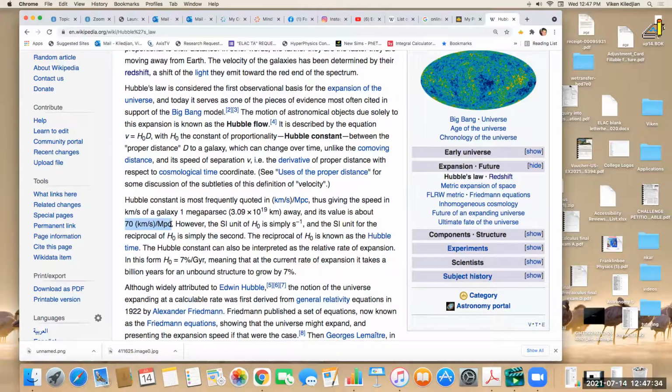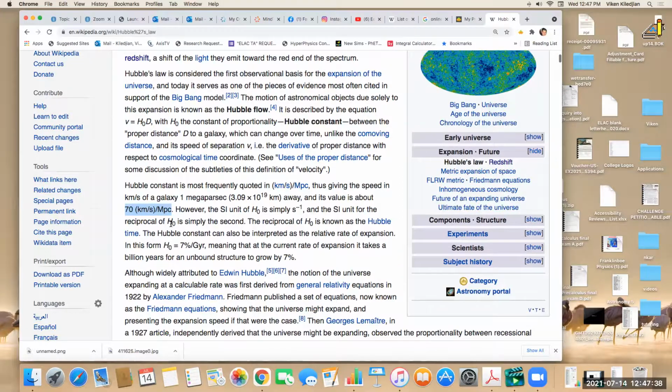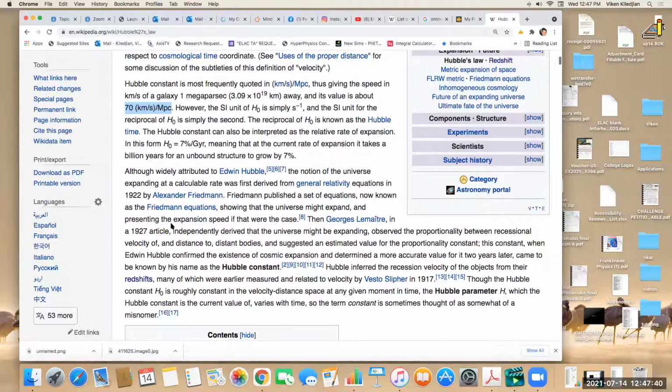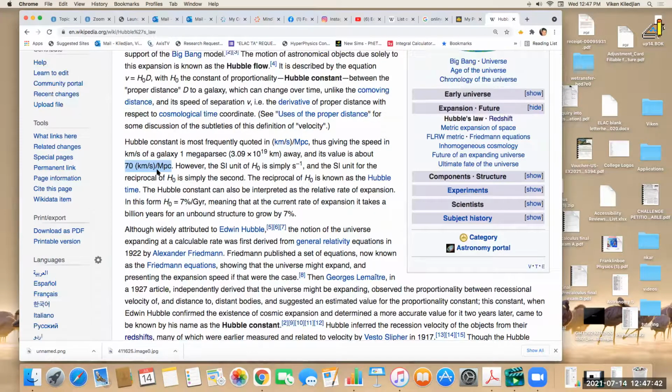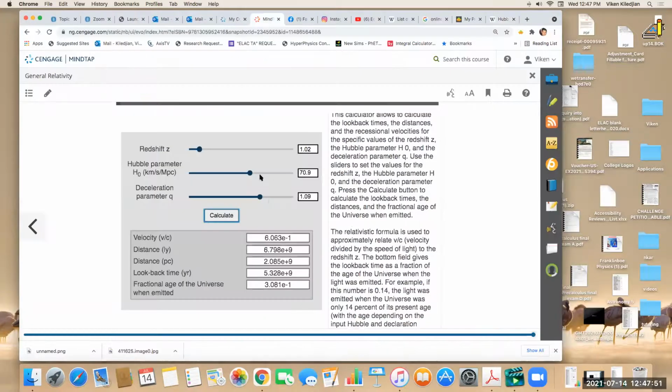That's the present value, but some places say 73, some places say 70. So let's just say the Hubble constant is 70. So then we'll put here 70. There's probably a range of values where this program will accept it.